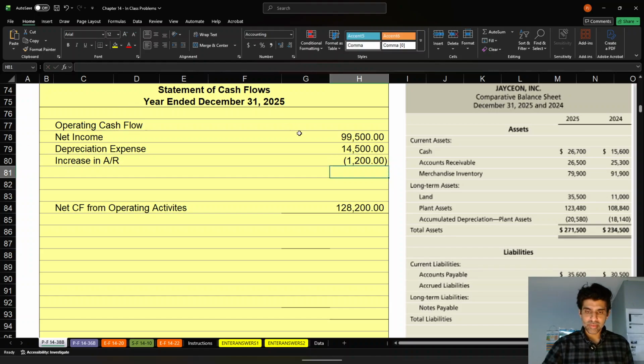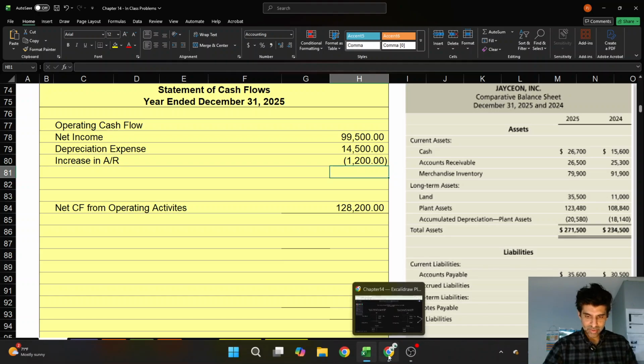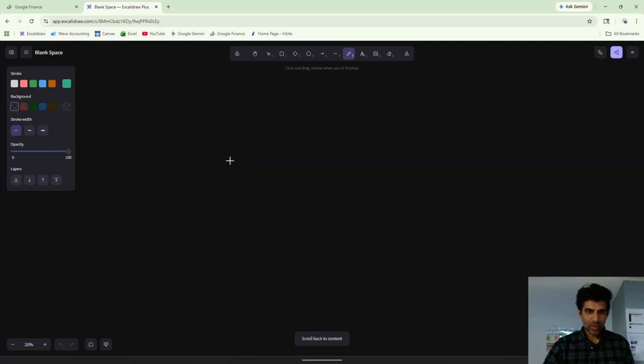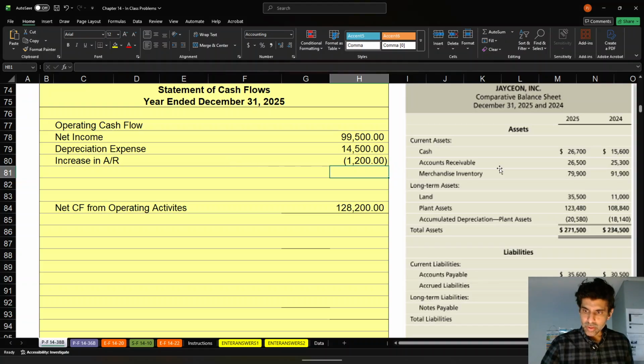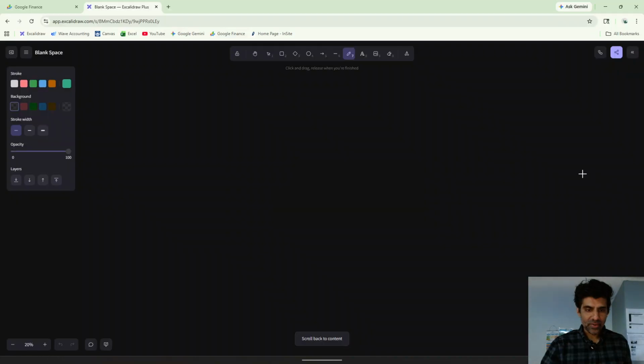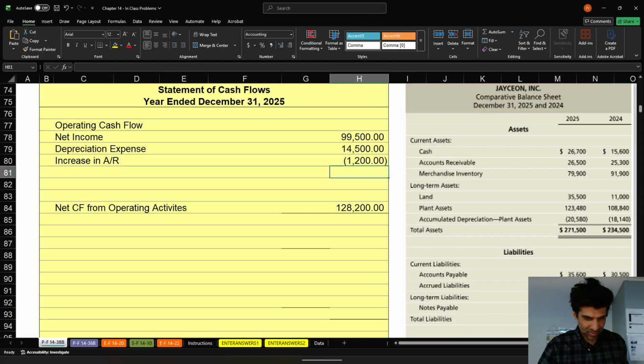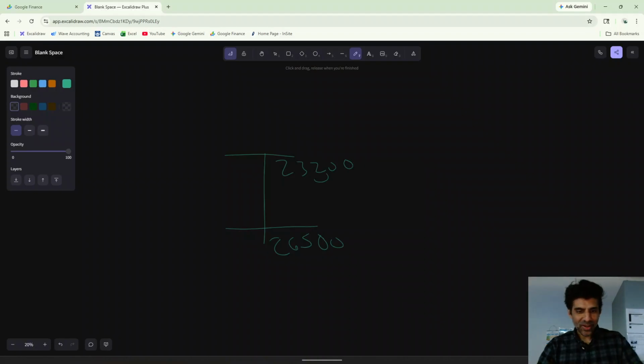So basically, let's just make sure we understand this. We had accounts receivable of 26,500, and the beginning balance was 25,300.